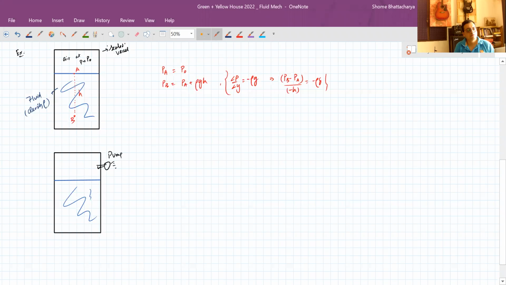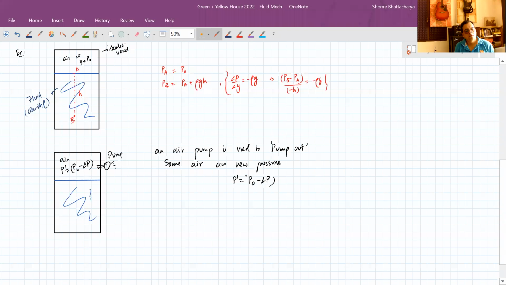So using this, we have changed the pressure of the air to P naught minus delta P. Let's say an air pump is used to pump out some air, and the new pressure, let's say P prime, is P naught minus delta P for the air in the sealed vessel.